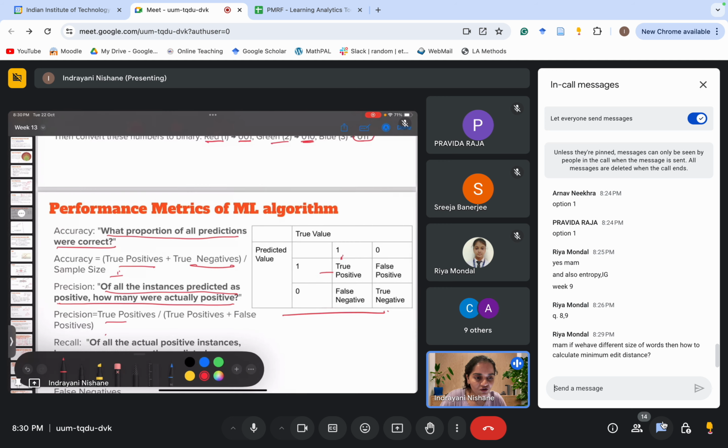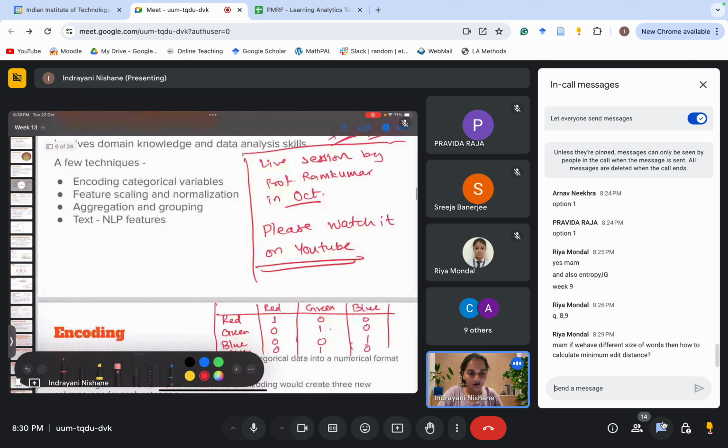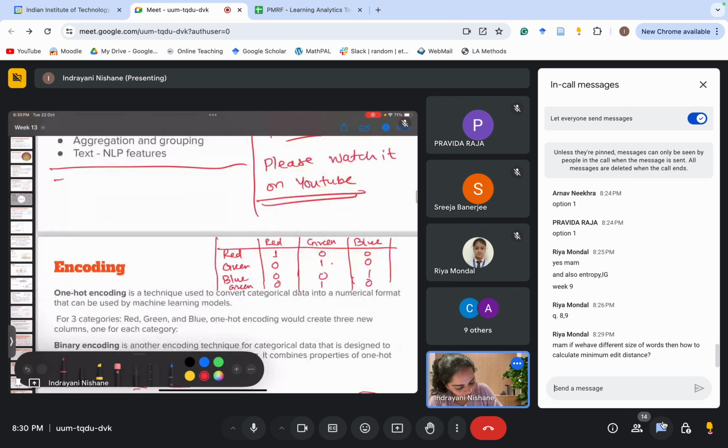Okay, different size of words, then how to get minimum edit distance? Very good question. So for edit distance, what are the edit actions? This was the question in the assignment also.